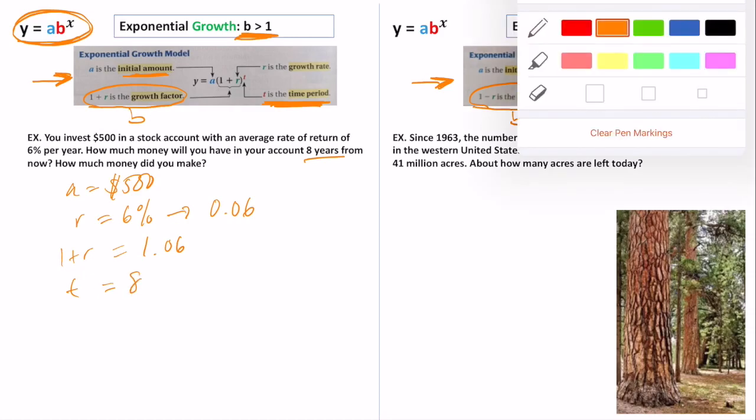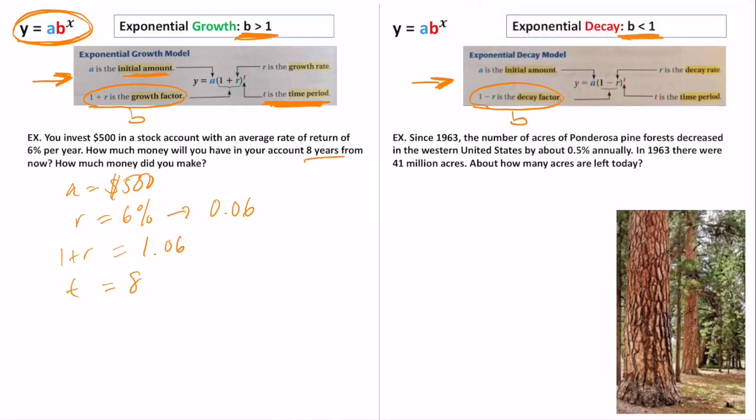So now all we have to do is plug in that information. We have our amount is equal to 500 times 1.06, and we're multiplying that 8 times. Remember, if we wrote that out, it would say 500 times 1.06 times 1.06, 8 times, because each year we're multiplying the amount we had before by the 1.06. So let's just do that.